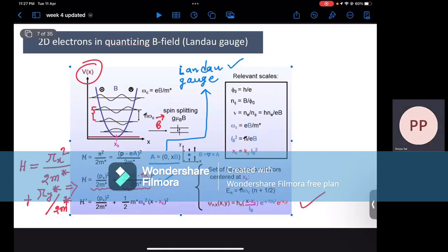So we can figure out how many of these states exist inside a two-dimensional sample.